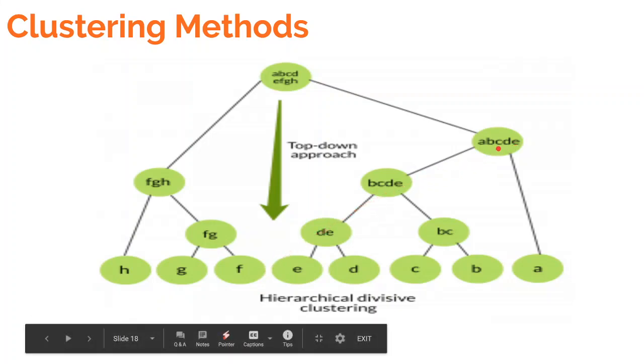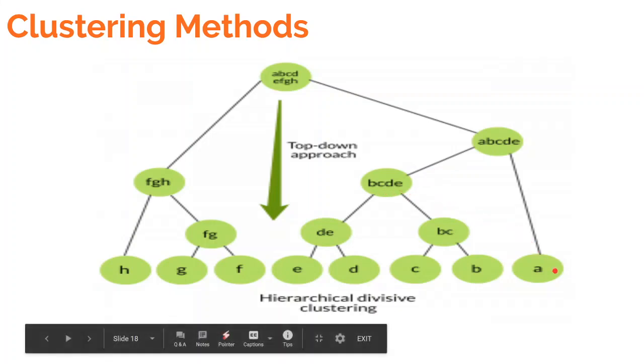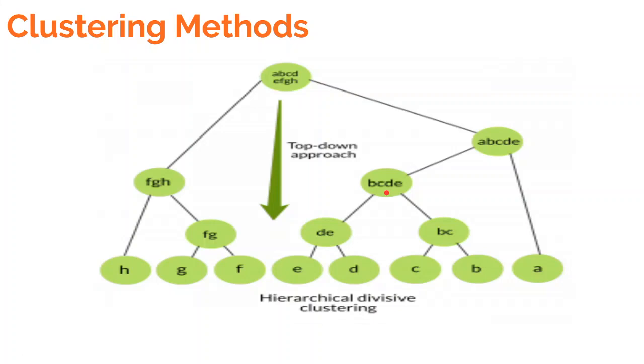Here ABCDE cluster is also divided into two different clusters, BCDE and A. This BCDE is further divided into two different clusters, DE and BC.